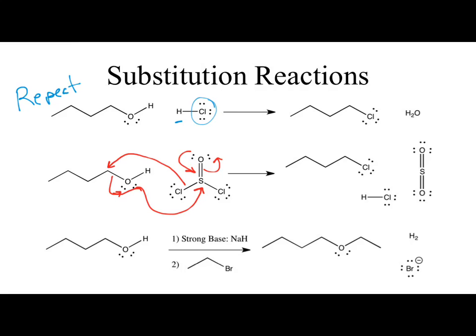So if we were going to balance this, we have to put 2 times in front of our alcohol and 2 times in front of the chloride. So the species in the middle, okay, our sulfur oxide chloride species there, will react with 2 alcohols. It's got 2 reactive chlorides. It can exchange those in this reaction. Okay? I will show that mechanism a little bit slower in just a second. Okay?